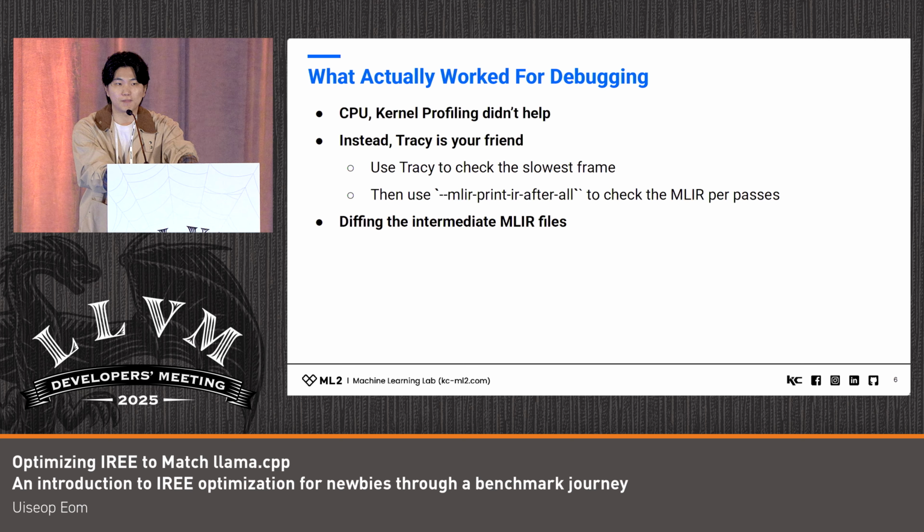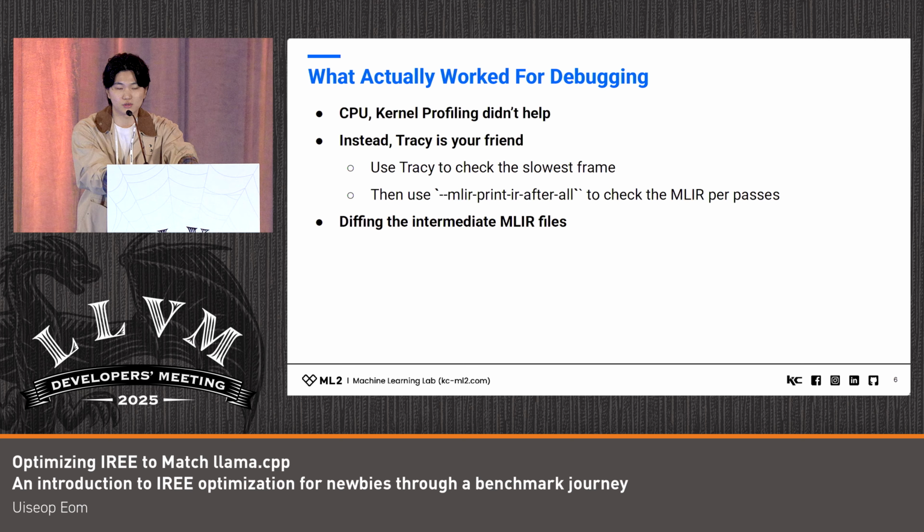So the CPU profiling and the kernel profiling weren't much help. Instead, using Tracy, a C++ frame profiler, helped a lot.